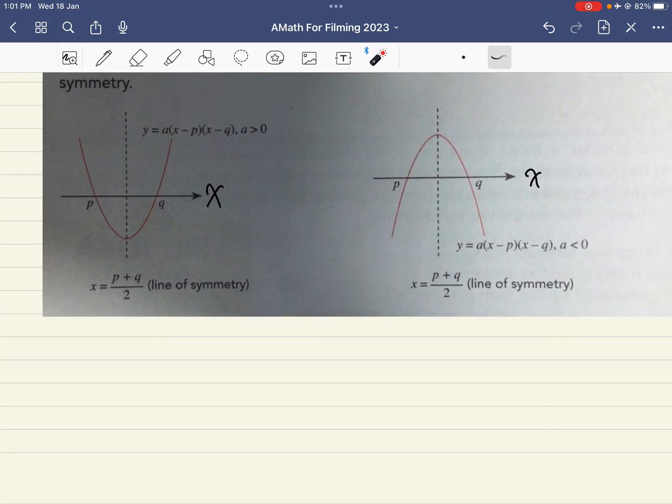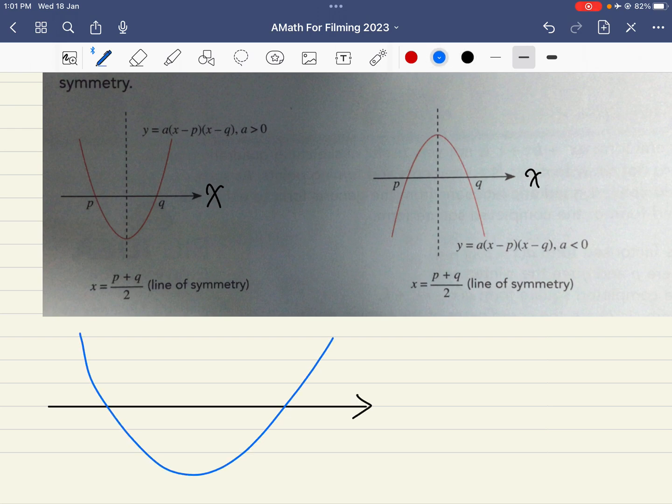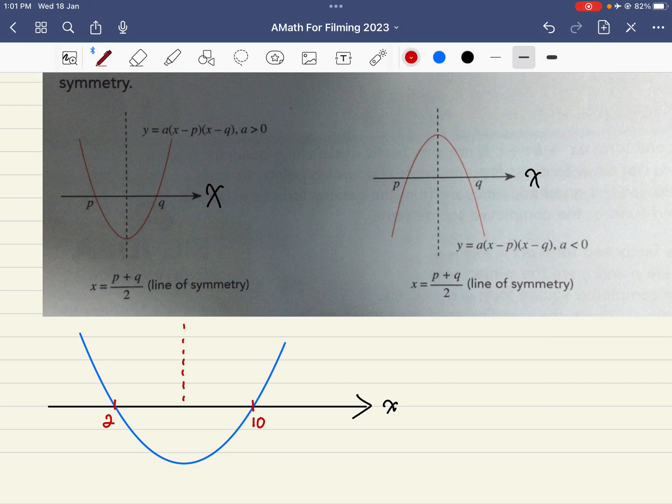So let me give you an example. Let's say I draw a graph here. This graph here is like this. Let's say, just for argument's sake, this value here is 10, this value here is 2, this is the x-axis. If I want to find the middle value over here, what do I do? What is the middle value of 2 and 10?